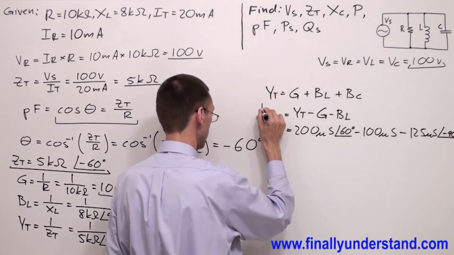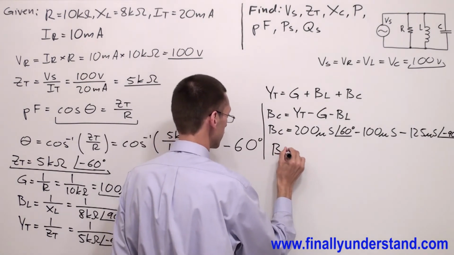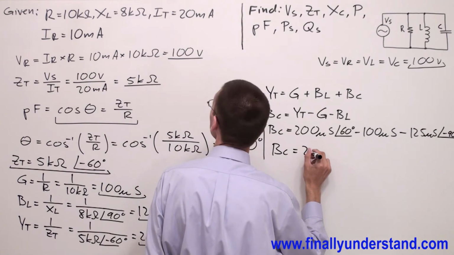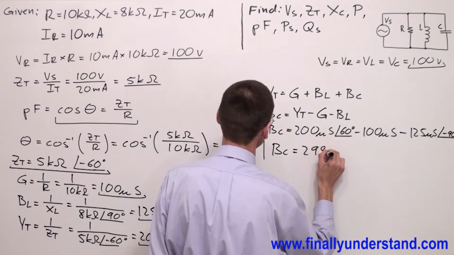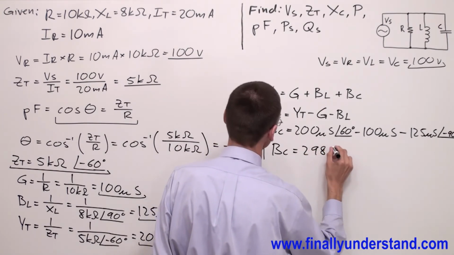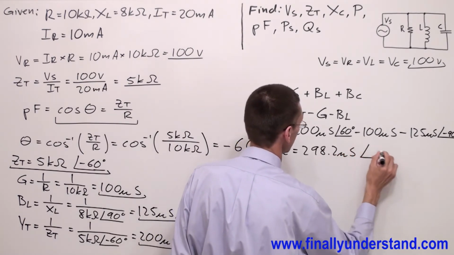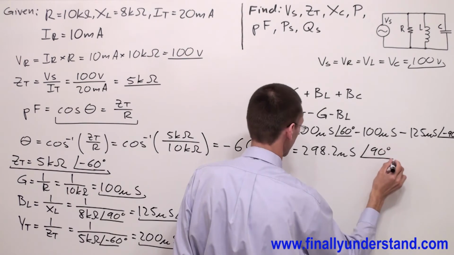So BC is equal to 298.2 microsiemens and angle of 90 degrees.